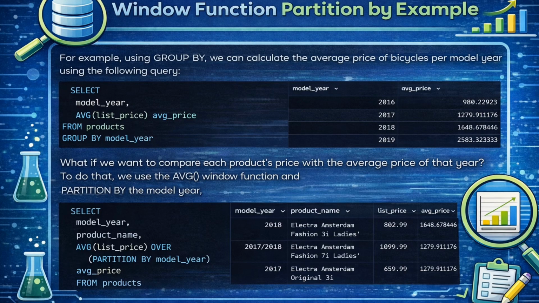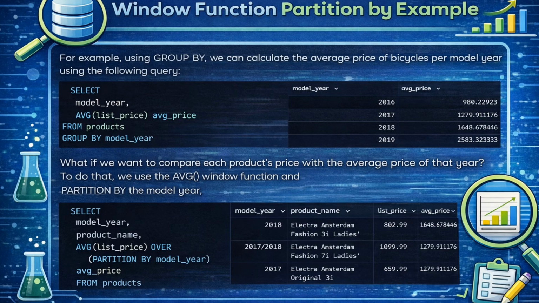This gives us aggregated results like, for 2016, the average price is $980.22. For 2017, it's $1279.91. For 2018, it's $1648.67, and for 2019, it's $2583.32.